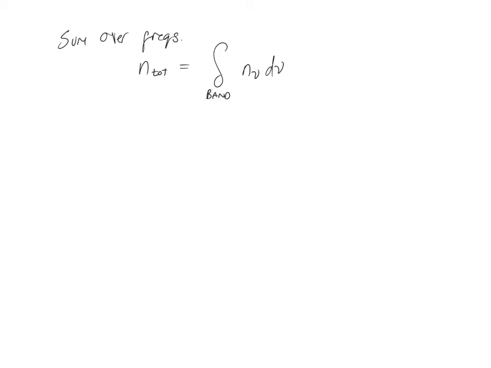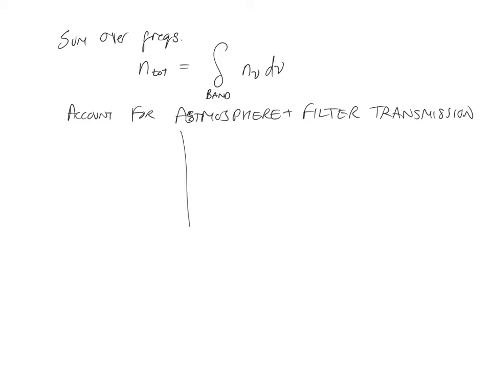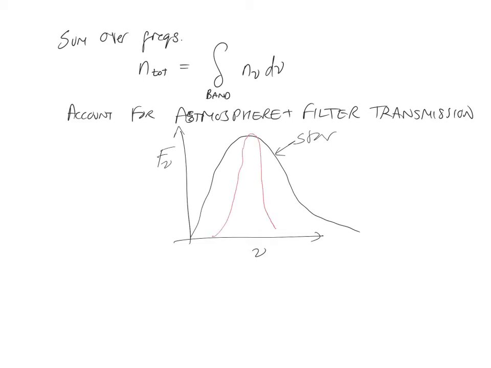Okay, however, we have to account for the atmosphere transmission, and the filter transmission. So if we add our little sketch again, we have the shape that the star is emitting, but then we have a certain filter transmission.